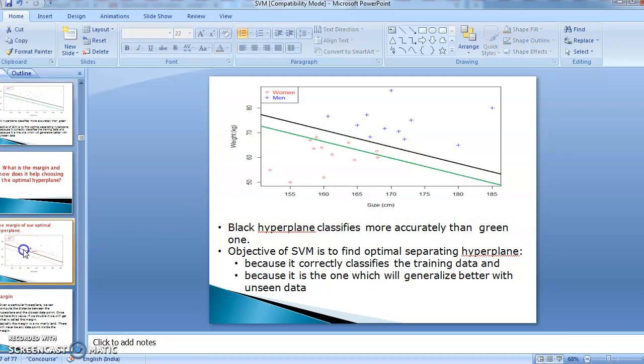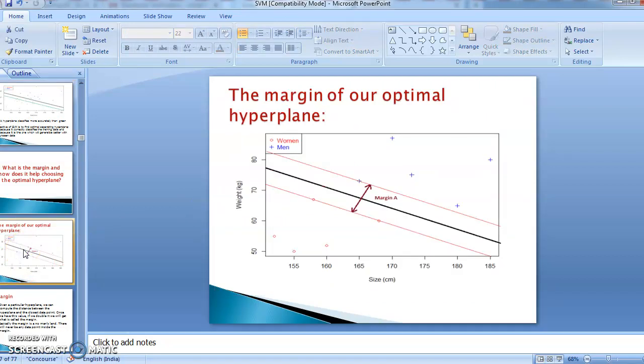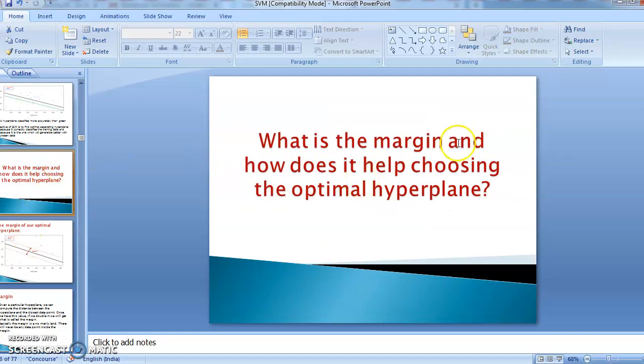So our question is what is the margin and how we can select the optimal hyperplane. Dear students, you have to prepare this question because it is one of the theory questions frequently asked on the topic of SVM. What is SVM, what is margin, define support vector machine, explain how margin can be computed, or how the optimal hyperplane can be decided.